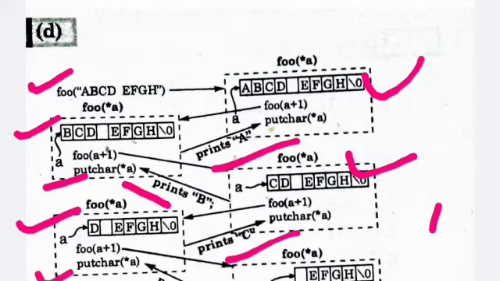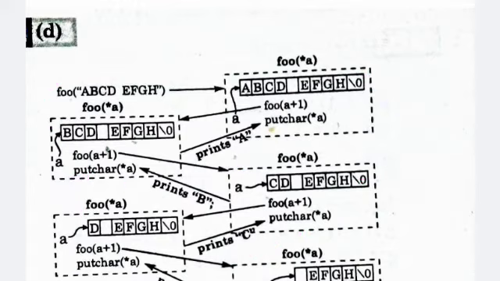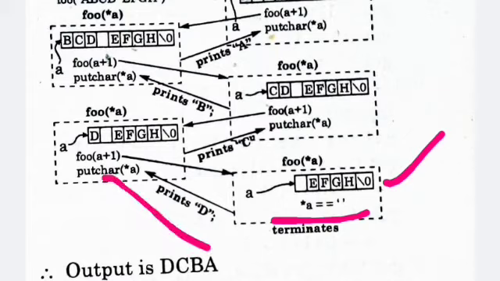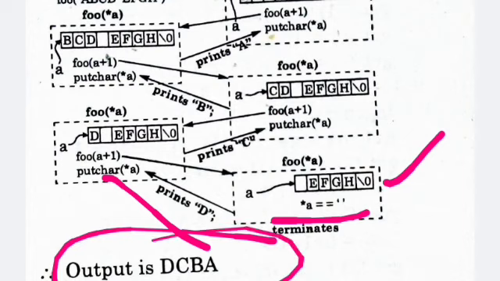And last, when we put the value of a plus 1, we get e, f, g, and here the condition is that pointer a is equal to the blank space. Now it prints the value d. So the output of this program is d c b a, which is your option D.